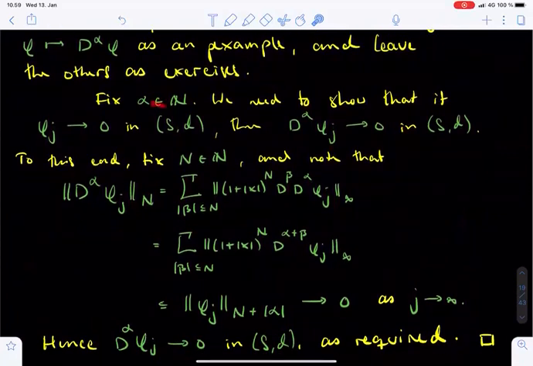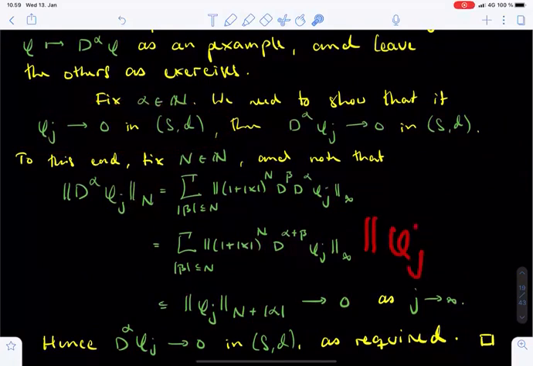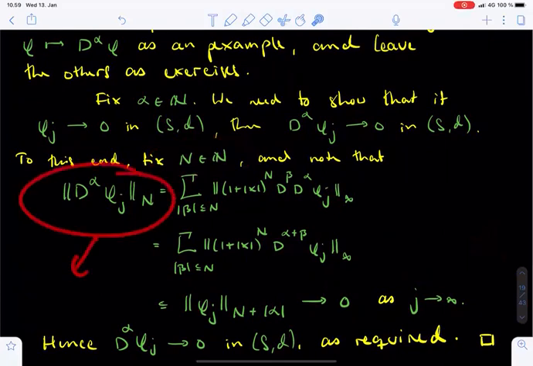As you may recall, convergence to zero in the metric d was equivalent to convergence to zero in every n-norm separately. So what we need to do is to fix a natural number n and show that the n-norms of the functions ∂^alpha phi_j tend to zero as j tends to infinity.